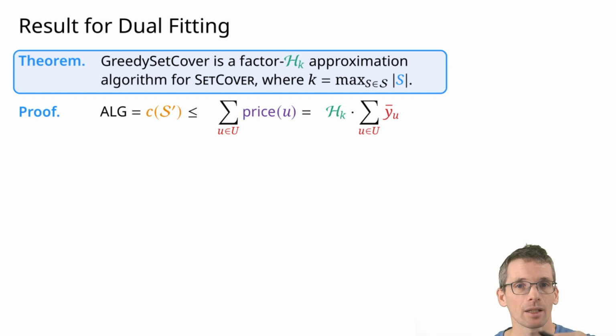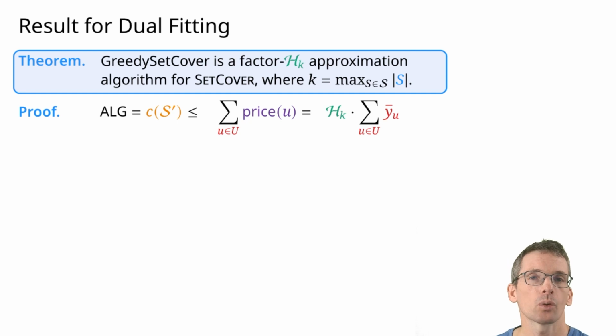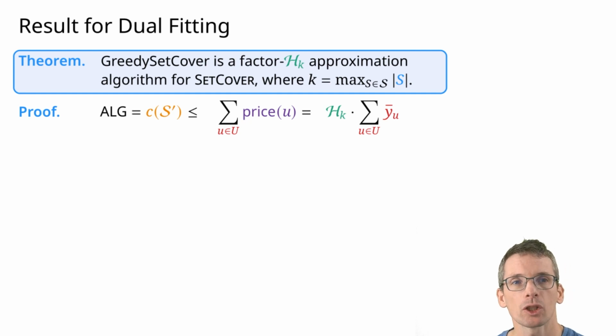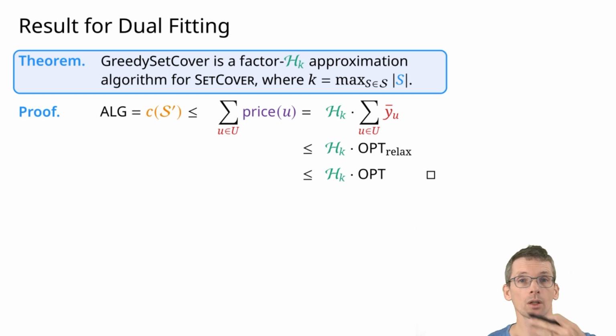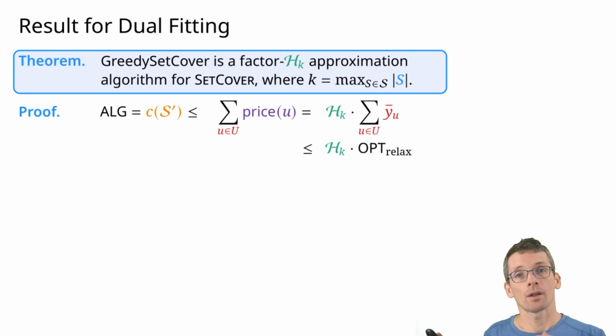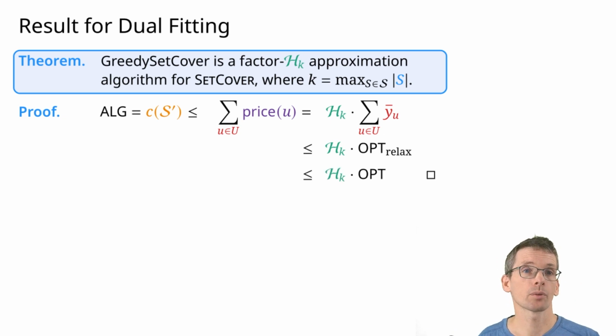And because this is a feasible dual solution, H_k times the solution is a lower bound for H_k times the optimal relaxed solution, which in turn is a lower bound for H_k times the optimal solution to the set cover problem. This actually also proves that the integrality gap for this problem is at most H_k, and it can be shown that it actually is that large, but we're not going to do that here.